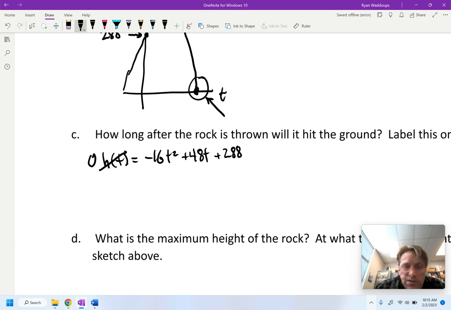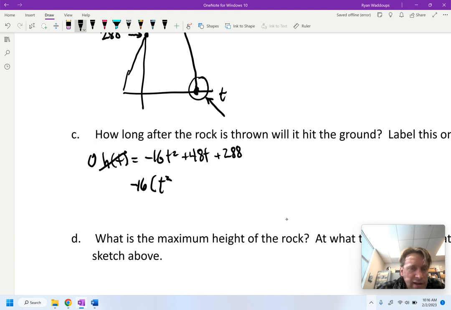So just like we did in the last one, we're going to see maybe we can factor 16 out of each of these. If I take a negative 16 and factor it out of the first term, that leaves a positive t squared.